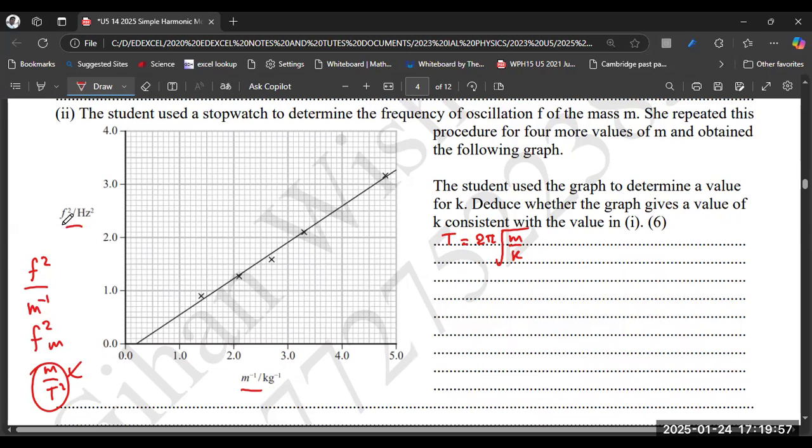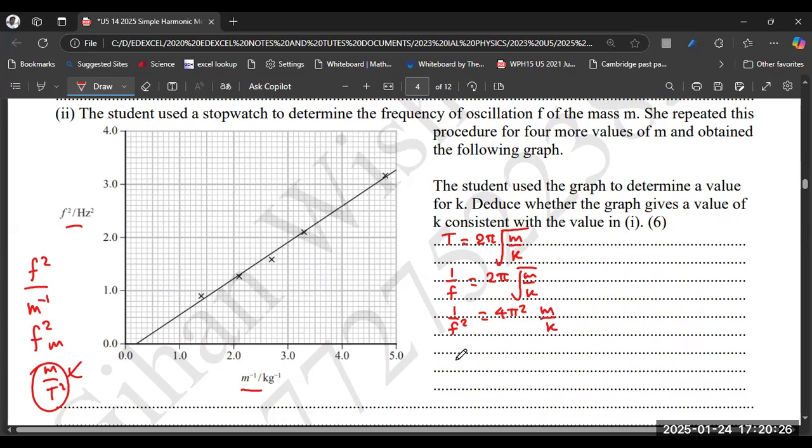Unless you can remember that f squared against per mass is a graph that is possible in these simple harmonic oscillations. 1 over f is equal to 2 pi square root m over k. 1 over f squared is equal to 4 pi squared m over k.